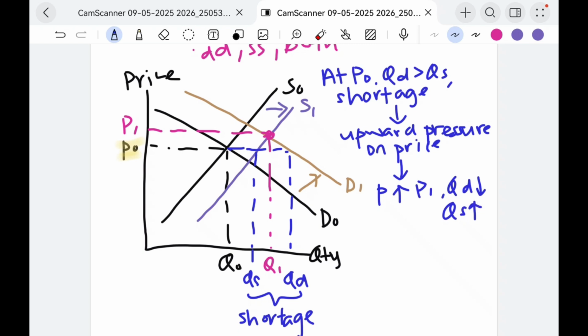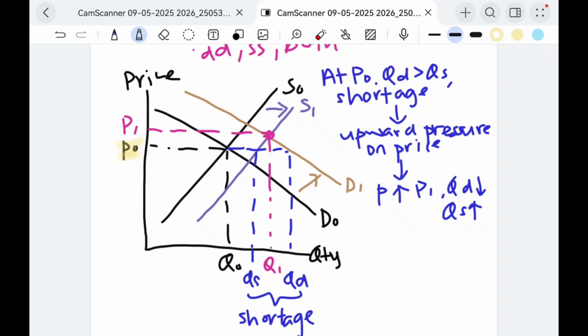This is the law of demand and supply, where your price increases, your quantity demanded decreases. When your price increases, your quantity supplied increases. So this movement of the price and the reduction and the increase of quantity demanded and supplied respectively actually helps me to adjust to the new price.